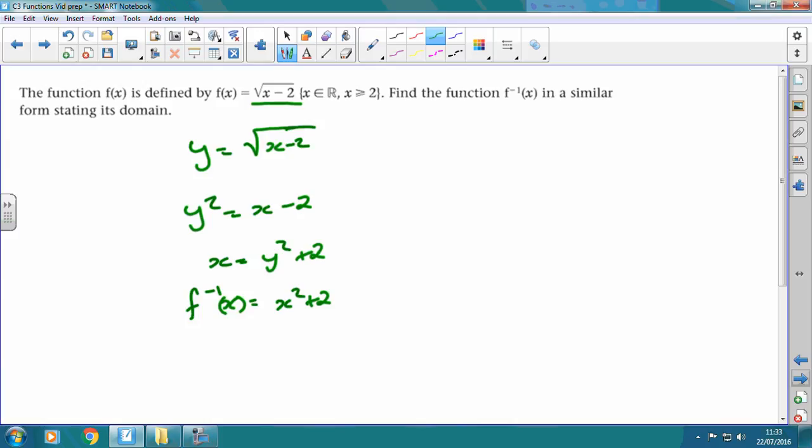So therefore, we've got x equals 2 and y equals 0. X equals 2.1 and y equals the square root of 0.1, whatever that equals, so 0 point something or other. X equals 10,002, y equals 100.